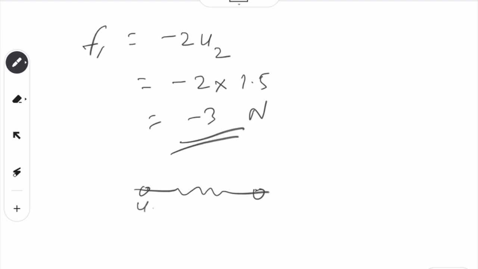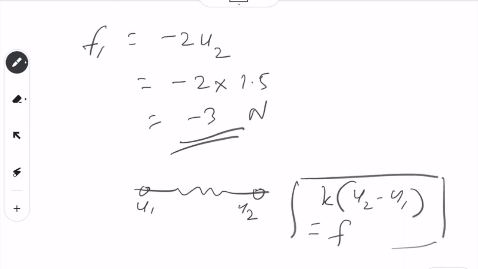Like U1 and U2, difference of that, right, U2 minus U1 multiplied by k is some property which is force or tensile force inside that. So these kinds of equations can be solved like that. You can extend that to many other kinds of problems, which I will discuss later. Okay, that is all for now.